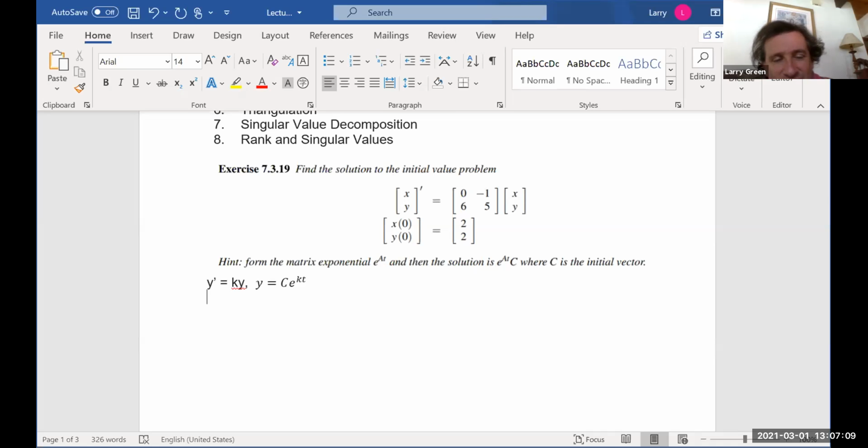Typically, at least in second quarter calculus, you can always write it as times c that way. And then when you do the matrices, it'll actually work. So what we need to do is find e to the At. Any questions on that? Any questions? Okay, so what is e to the At? How do we find it?